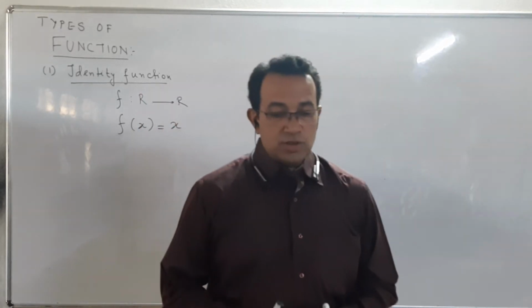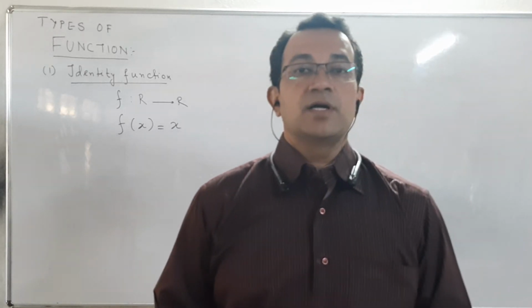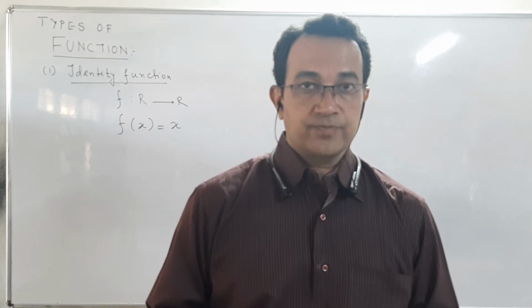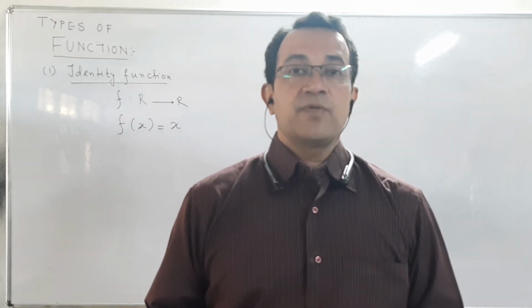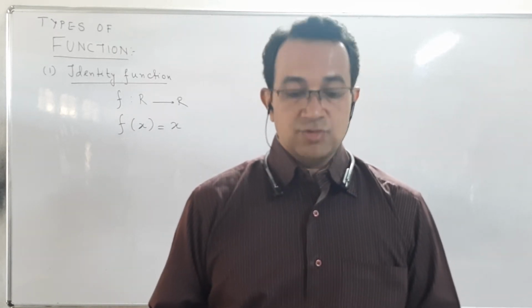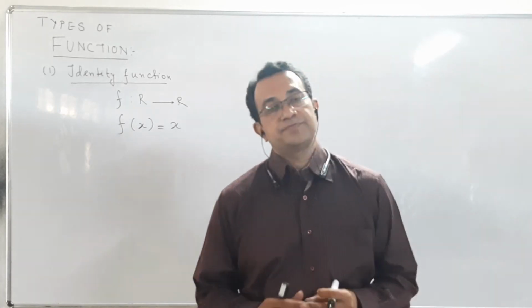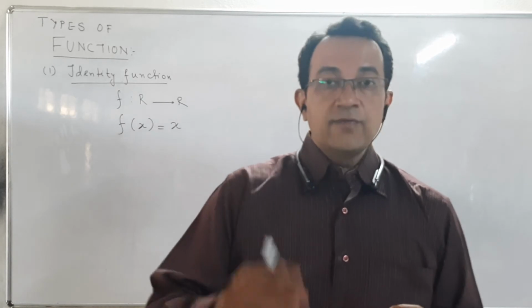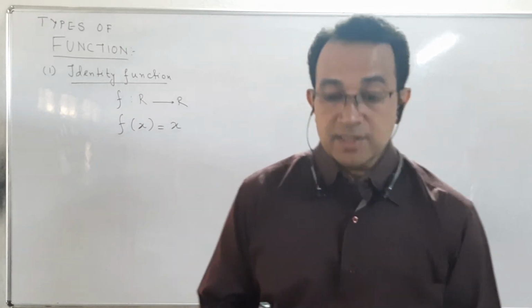All of you please concentrate, students. This is again a very important and very interesting topic. Say the first type of function which I am defining is identity function. Domain R, codomain R. Functional rule is f of x is equal to x.